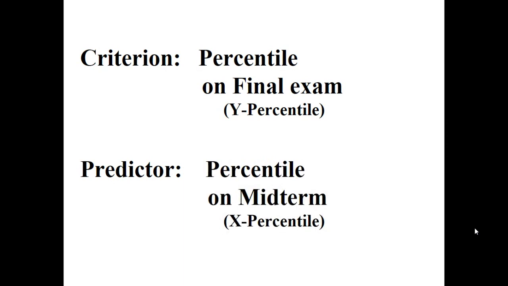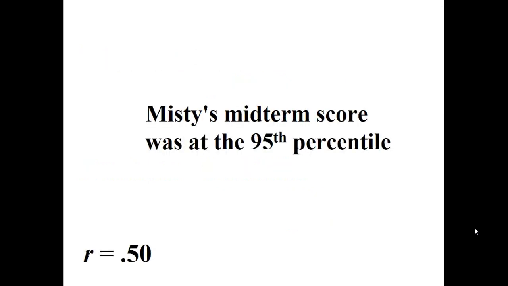The predictor is Misty's percentile on the midterm, and we'll refer to this as the X percentile. So here's all the information we've just been given. Misty's midterm grade was at the 95th percentile. The correlation of the predictor and criterion is 0.50.